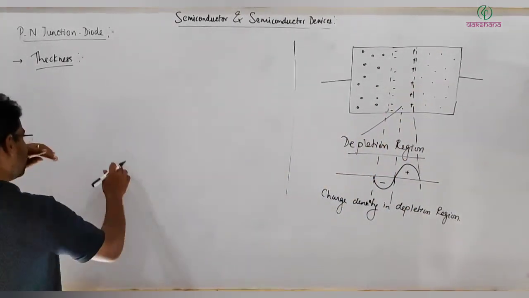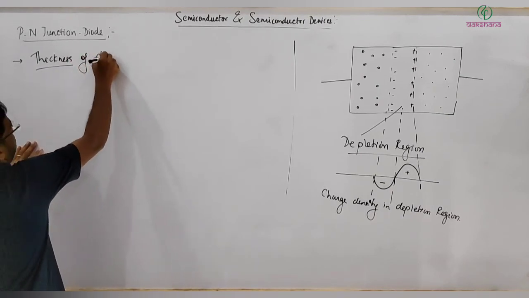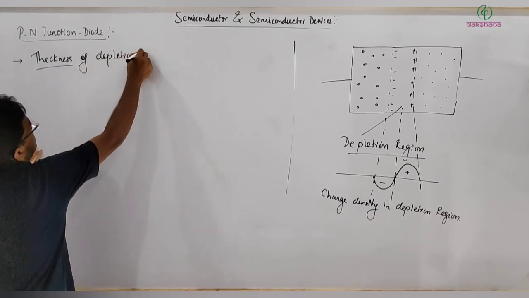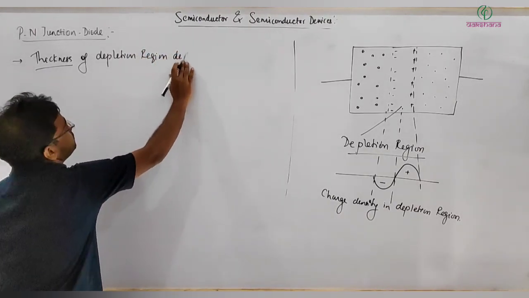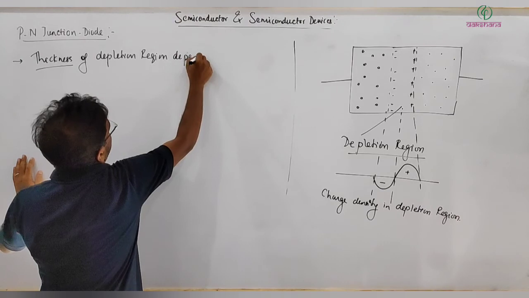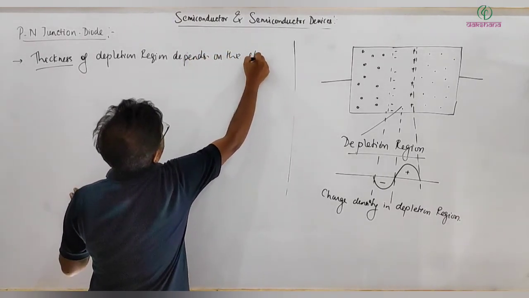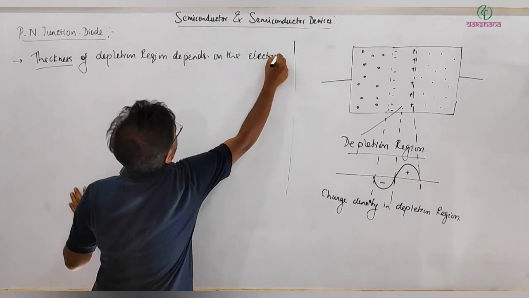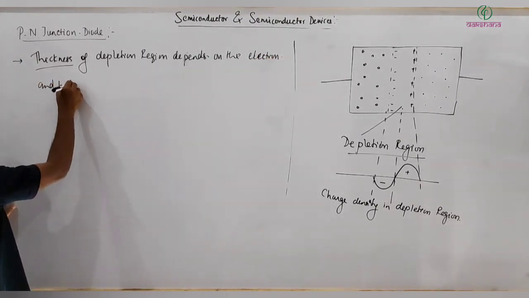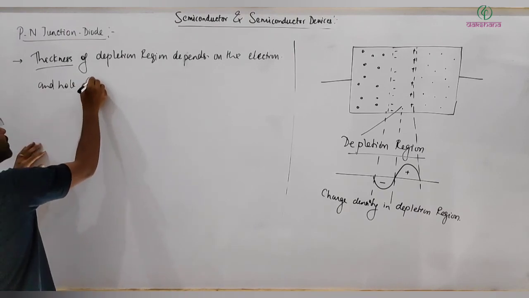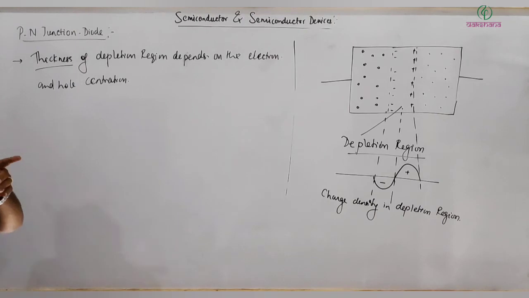So the thickness of the depletion region depends on the electron and hole concentration, or I can say doping.